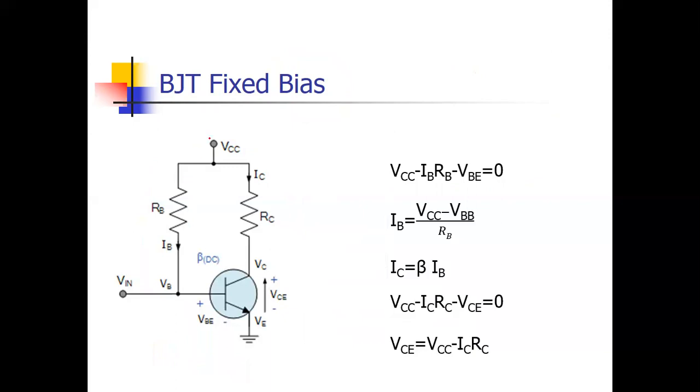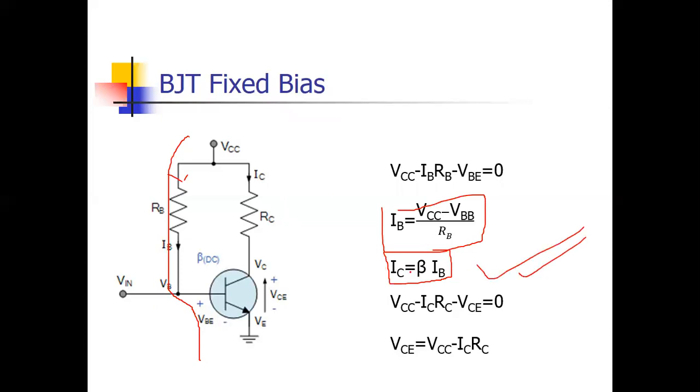We have taken KVL, VCC minus IB RB minus VBE equals 0, and from this we get IB. You know the relation IC equals beta IB, where beta is the common emitter current gain. From this, IC is calculated. Now remember the expression of IB: VCC is constant, VBE is constant, RB is also constant. That is, VCC, VBE and RB are fixed. That's why its name is fixed bias.